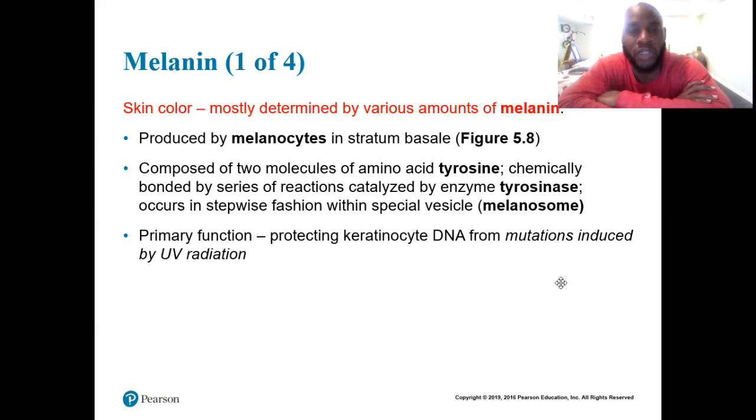underlying dermis, right? And this melanin is composed of two molecules of the amino acid tyrosine. We may remember this from that chart we looked at when we were talking about the process of going from DNA to RNA to proteins. Tyrosine is one of the amino acids.